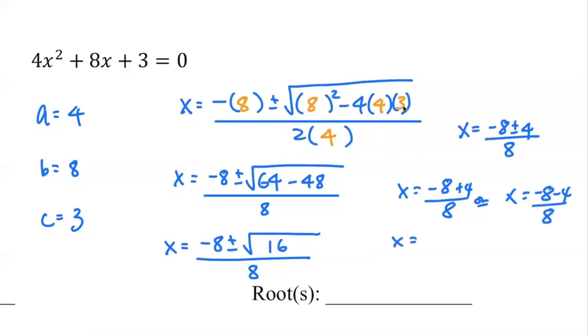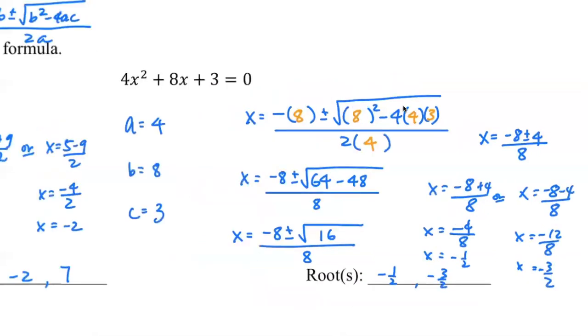So negative 8 plus 4 is negative 4 over 8. And then you got negative 12 over 8. So you've got x is equal to negative 1/2, and x is equal to negative 3/2. Oops, negative 3/2. So negative 1/2 and negative 3/2 are the roots.